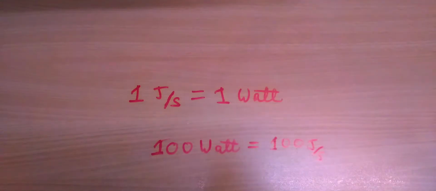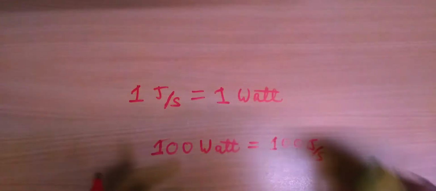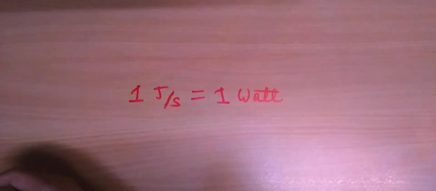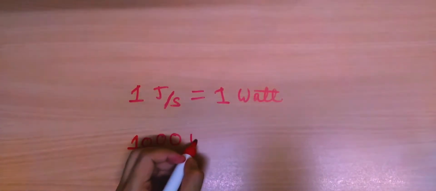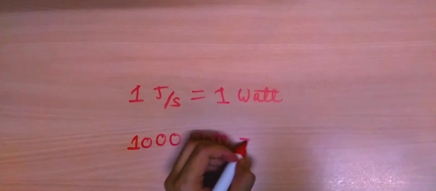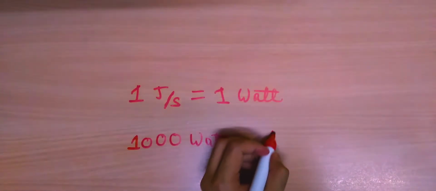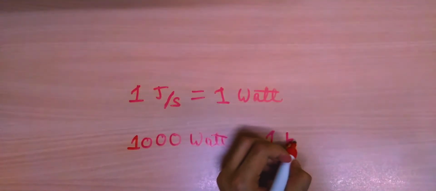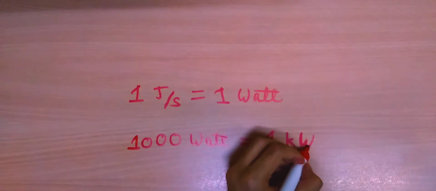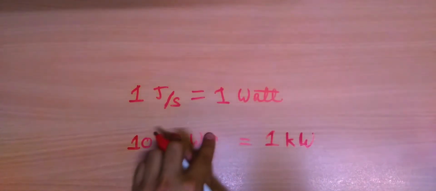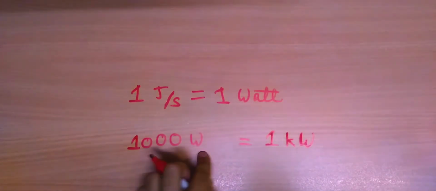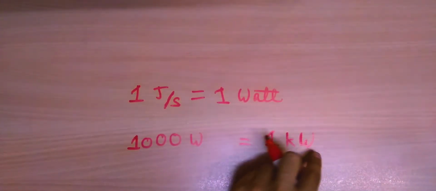So for that, what we do is we take 1000 watts and we call that 1 kilowatt, with a small k, and for watt you use a single capital W. So 1000 watts equals 1 kilowatt.